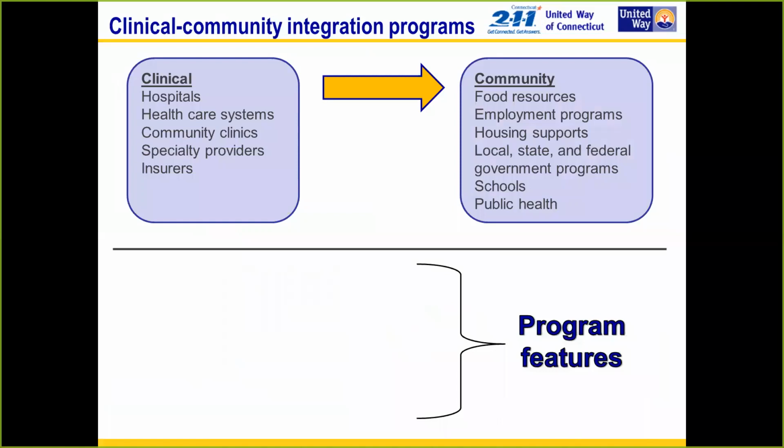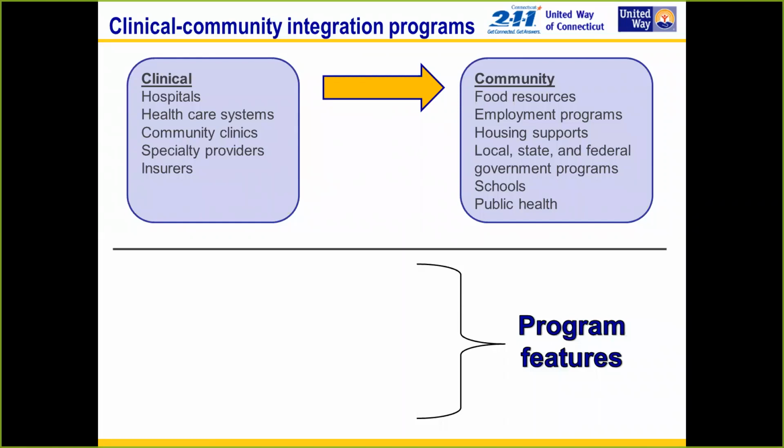Okay, so what kind of interventions are we talking about? What exactly are healthcare systems and cities and states and others doing right now to address health-related social needs? Most basically, they are trying to achieve better integration between the clinical care someone is receiving, the healthcare delivery system, and the community-based organizations that provide critical basic needs services and social supports.